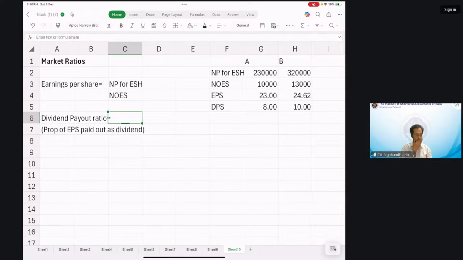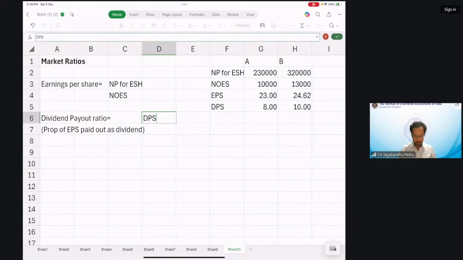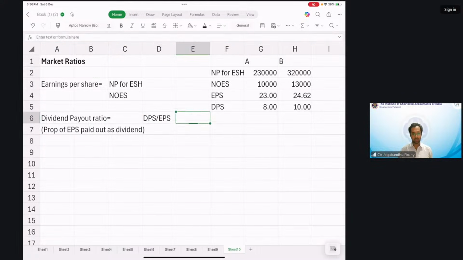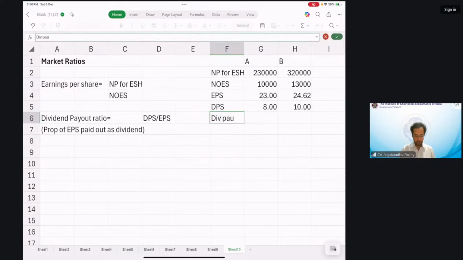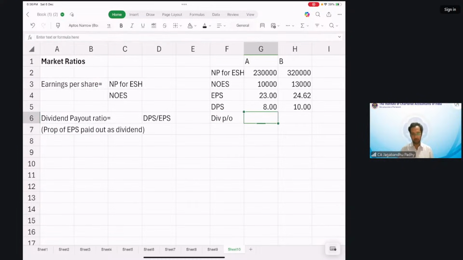We can say it is simply DPS upon EPS. So the dividend payout is going to be dividend per share upon earnings per share.